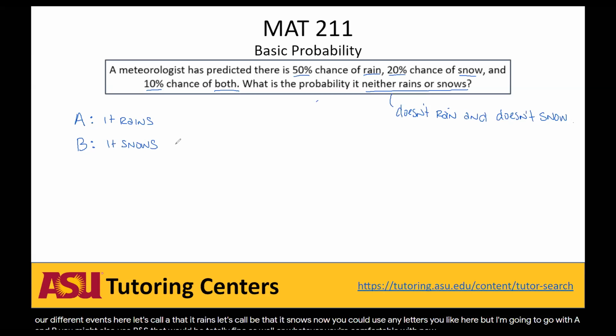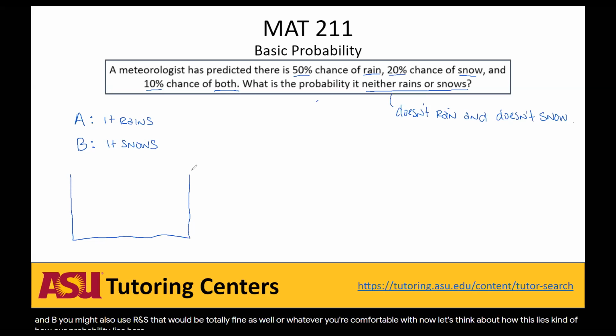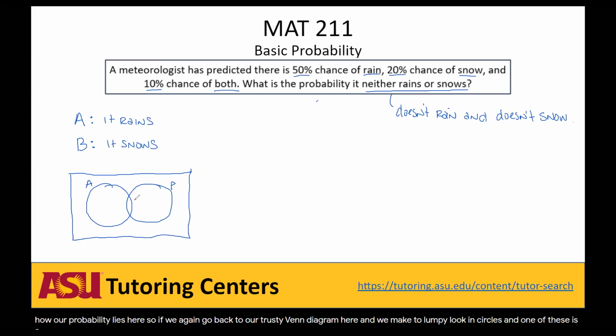Now, let's think about how our probability lies here. So if we, again, go back to our trusty Venn diagram, and we make two lumpy looking circles, and one of these is A and one of these is B, then we know that this portion in here is the intersection of A and B, so that's A intersect B, which would be the chance of both.